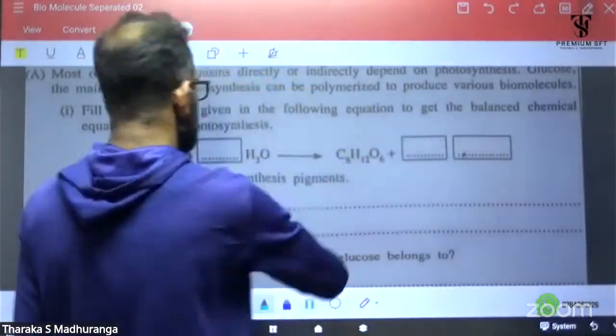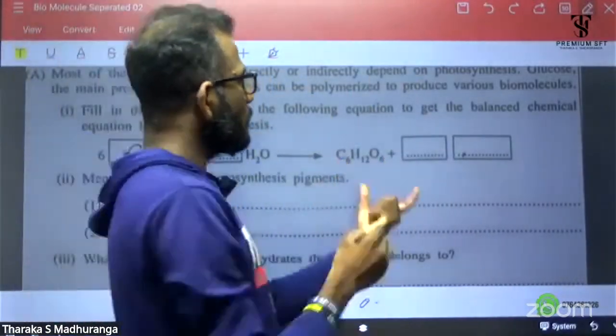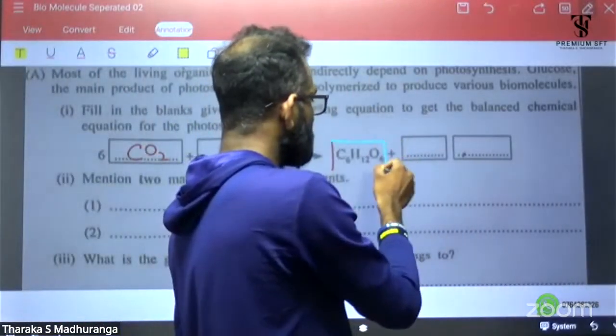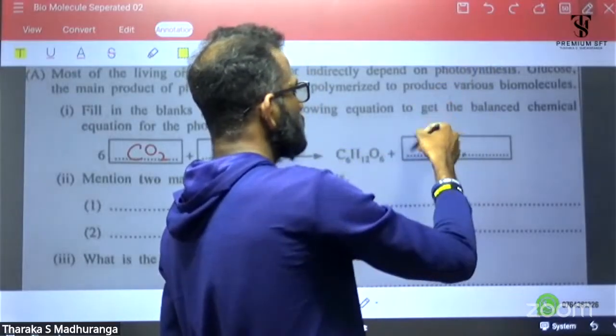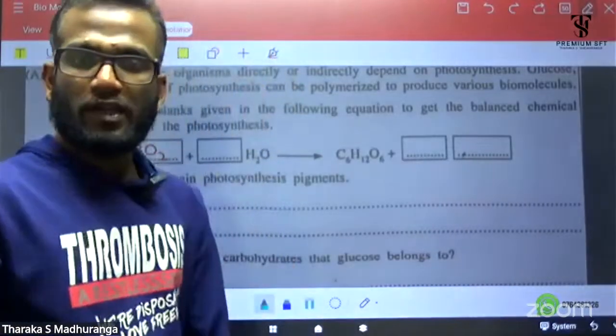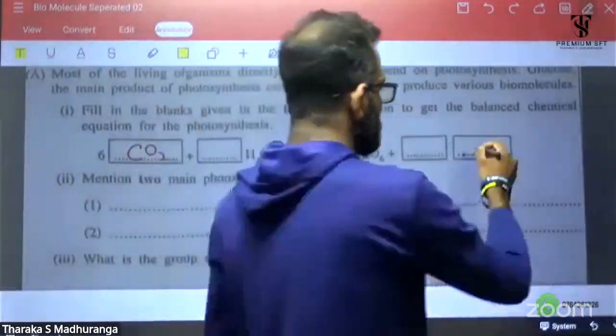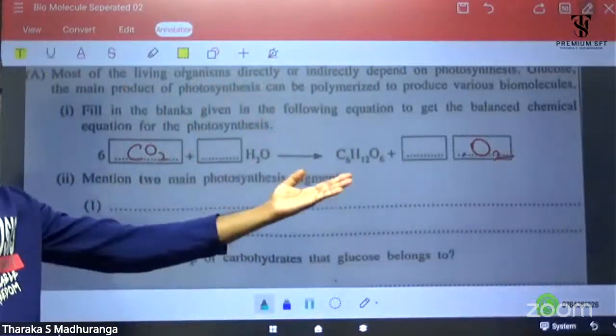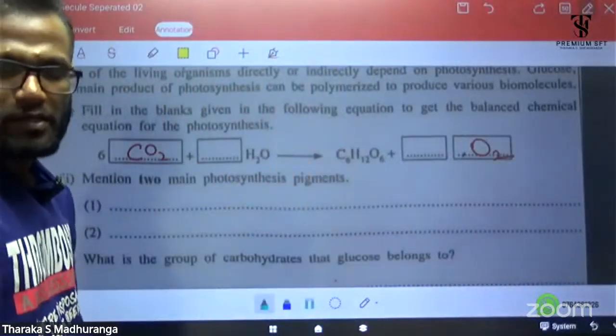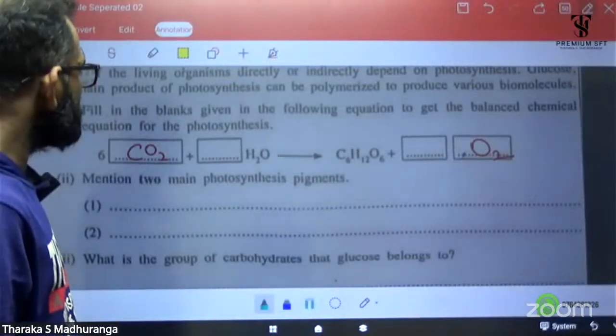Then balancing numbers are asked. Glucose is the main product. What is the next product? Oxygen is the second main product. How to balance this?